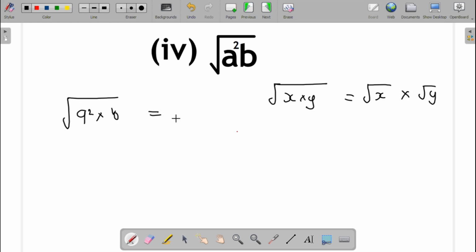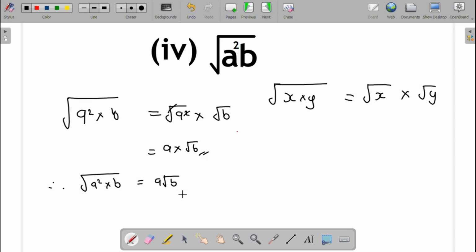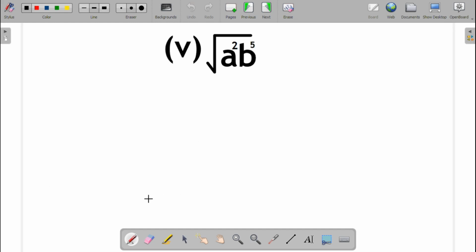Now this will become root a squared times root b, right? Good. Now square will cancel square root, you'll be left with a. So a times root b becomes your answer. So therefore, root a squared times b, the reduced form of it is a root b. Final answer.